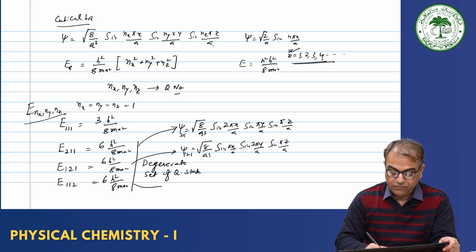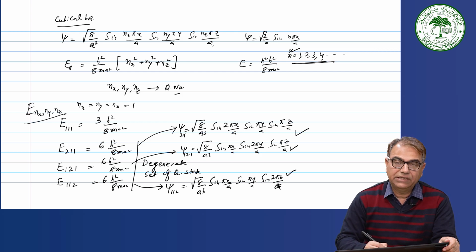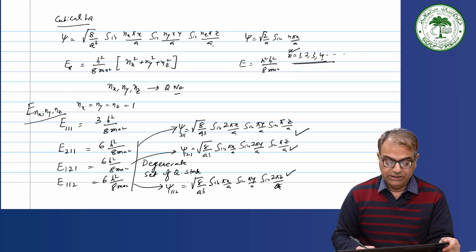Same way, you can write for psi 1, 1, 2: root under 8 divided by a cube, sine pi x upon a, sine pi y upon a and sine 2 pi z upon a. Okay. So all these wave functions are different, but the energy remains the same, and such orbitals are called degenerate orbitals, of equal energy.